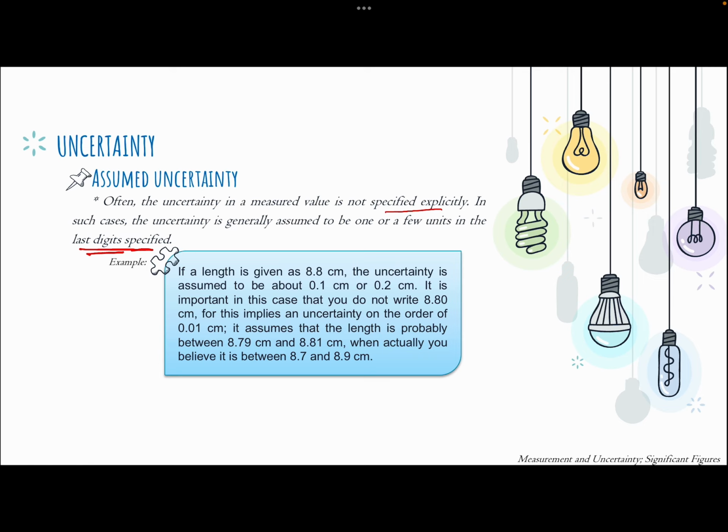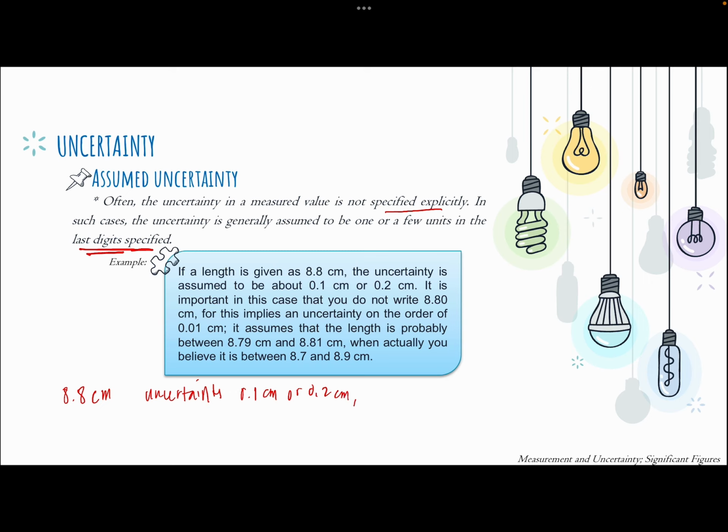So, itagalog ko para mas maintindihan nyo, okay? So, pag sinulat mo daw as 8.8 cm ang isang measurement, ibig sabihin nito, ang uncertainty mo dito ay about 0.1 centimeters or 0.2 centimeters.